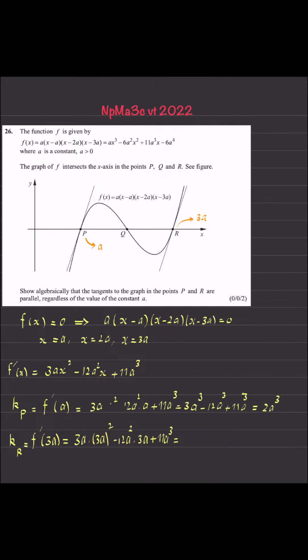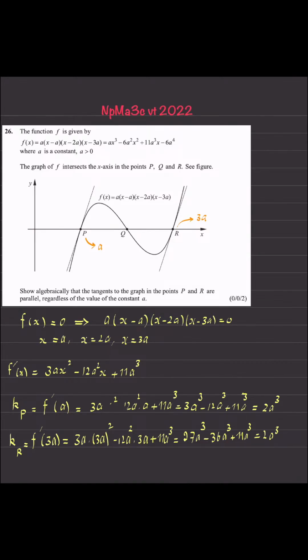Yeah, it seems correct. This one becomes 9a squared, then it becomes 27a cubed. And the other one is minus 36a cubed. And the other one is 11a cubed. Okay, but 11a cubed plus 27a cubed becomes 38a cubed, minus 36a cubed, it becomes simply 2a cubed.